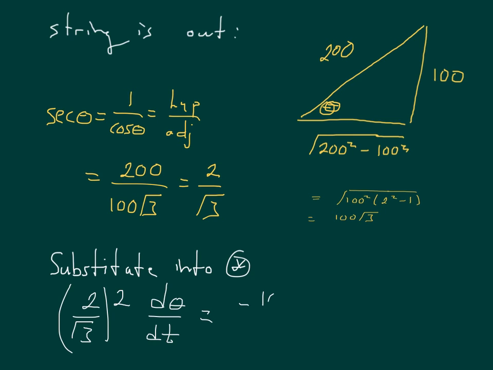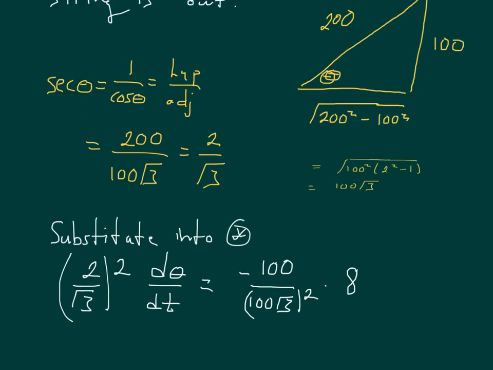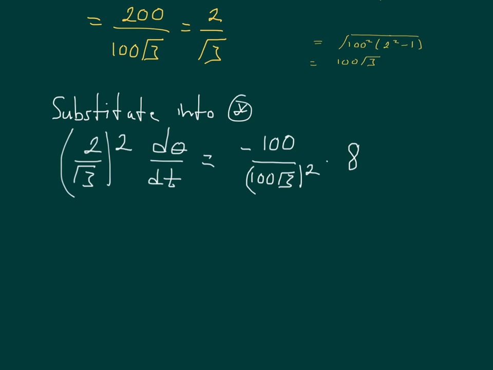I had it written up there as minus 100 times x to the minus 2, which is minus 100 over x squared. What's x? X is 100 root 3 at this moment, all squared, and times dx dt, which we noted already is 8 feet per second. All right, so this looks good. Now we can solve for d theta dt.